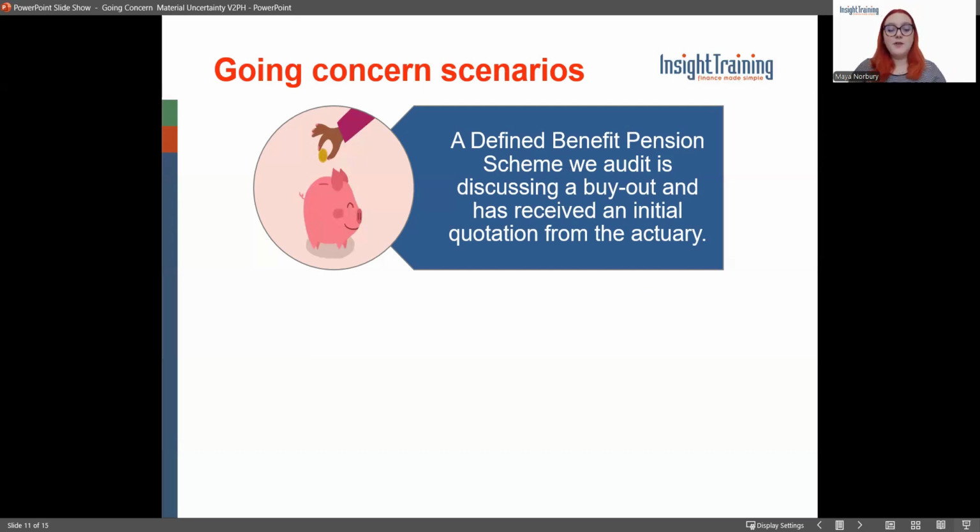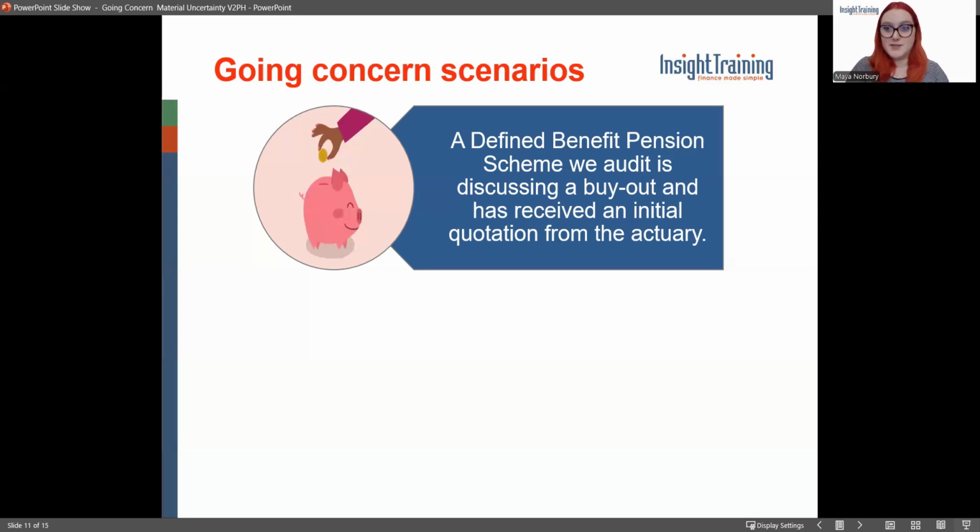So if you are in the position where the trustees have got, within the trustee meeting minutes post year end, an initial quotation, at that point there is no formal decision made and there is no guarantee that a buyout will occur in the next 12 months, because it can be quite a long process from that initial quotation to the final position.